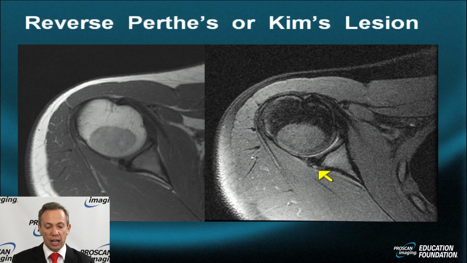This pouch stops right at the intersection between the labro-capsular complex and the periosteum, and the periosteum remains intact throughout. The reverse Perthes lesion, the pouch lesion, or the Kim's lesion.